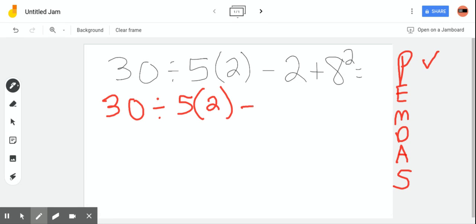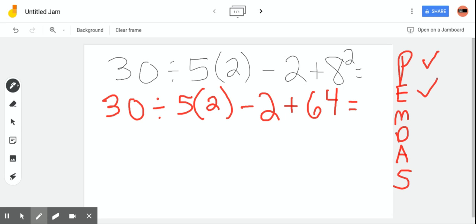But rewrite everything except let's solve 8 squared. 8 squared is 8 times 8. 8 times 8 is 64. All right. Hopefully y'all did that first step on your own. If you didn't, you may not mess it up totally, but we'll see. All right, so check off the exponents.